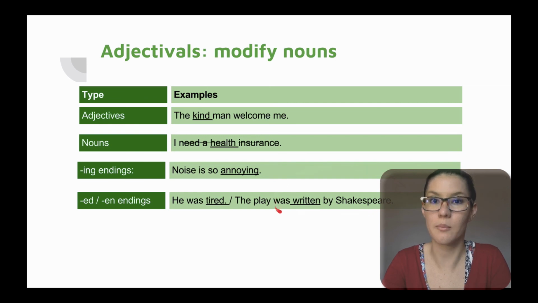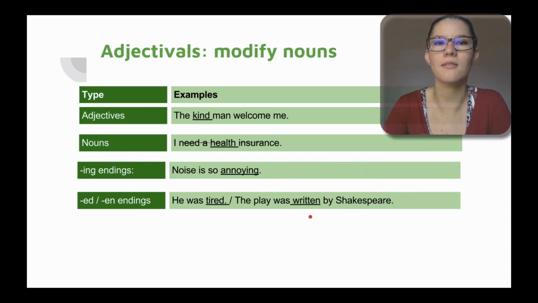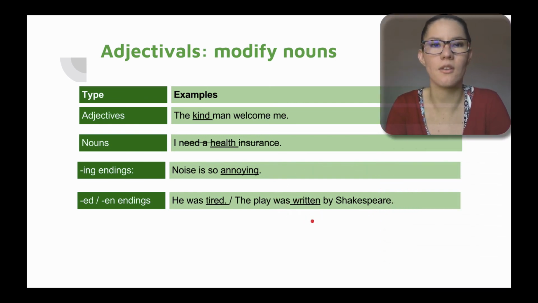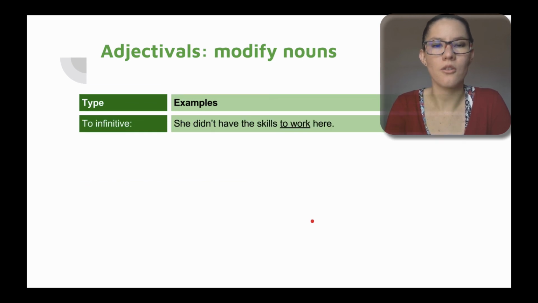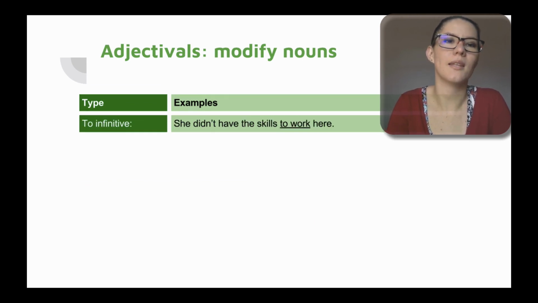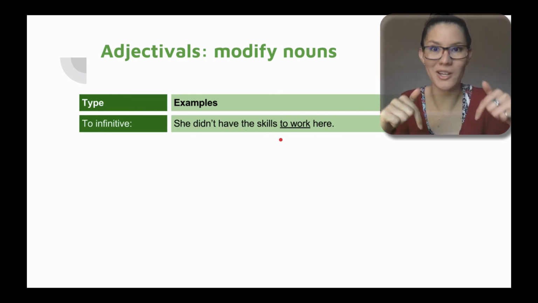Written is a participle, but working as an adjective. Other examples are infinitives describing something in particular, like she didn't have the skills to work here. What kind of skills? The ones that are required to work here.